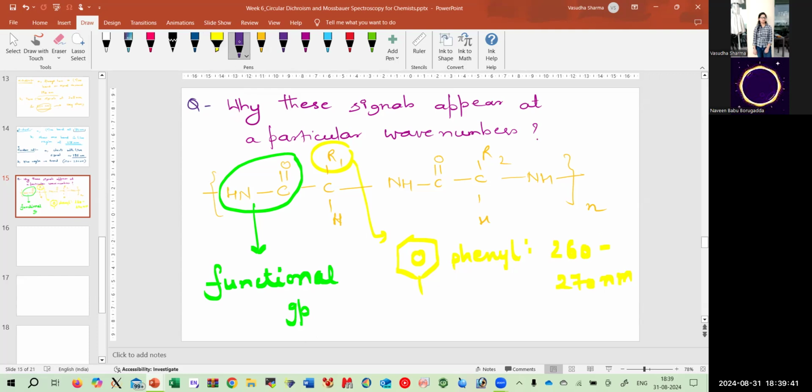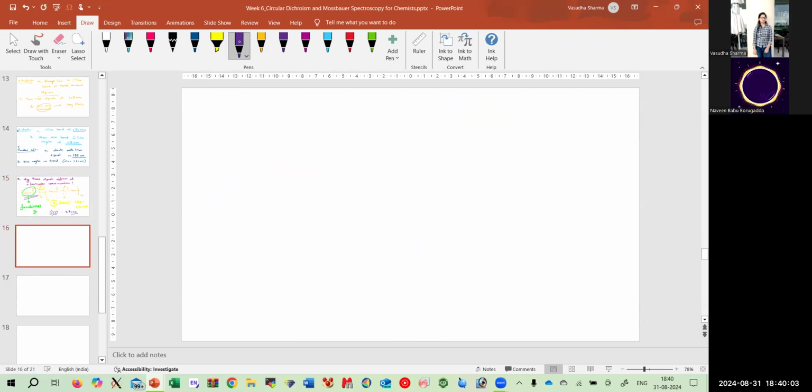Similarly, if we have tryptophan, where we have a benzene ring fused with an indole ring, this tryptophan would give you around 280 nanometer. So this is one set. But besides that, we have this very important functional group, which is the amide functional group. And here, when we see the kind of interactions it has, we know that this kind of moiety, which has a lone pair and a double bond, shows n to pi star, going from your nitrogen to the carbonyl pi star.